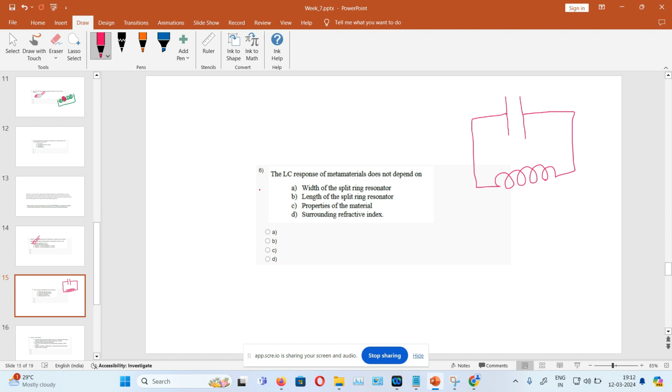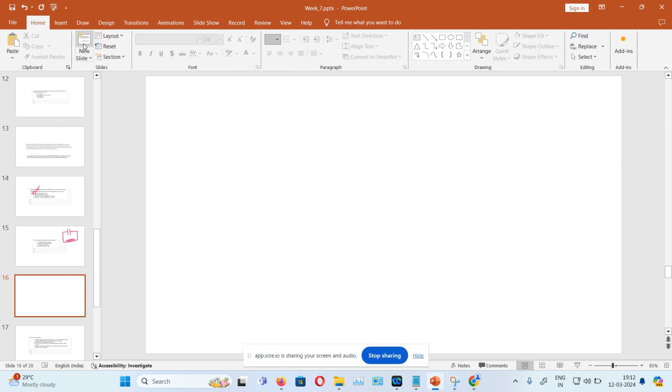Just see that at an instant, at that particular instant, the capacitor is charged.